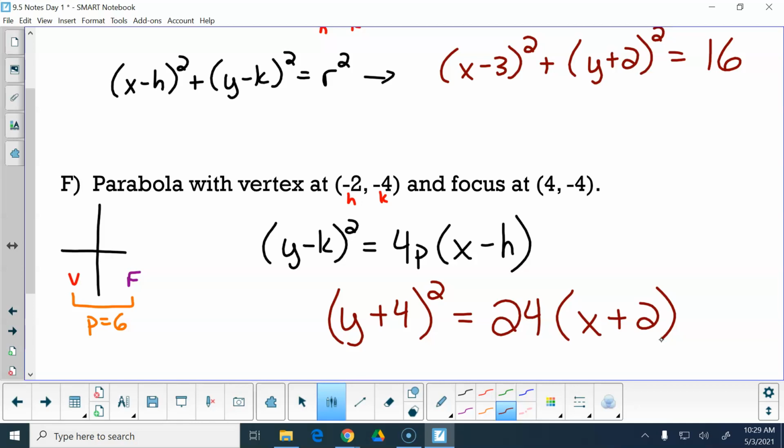You had the 24 on the y plus 4 squared one. Why is that? That's only up down, because if I distribute this in, all you would have to do is move your 24 to the other side and put that coefficient there. Then you're right.